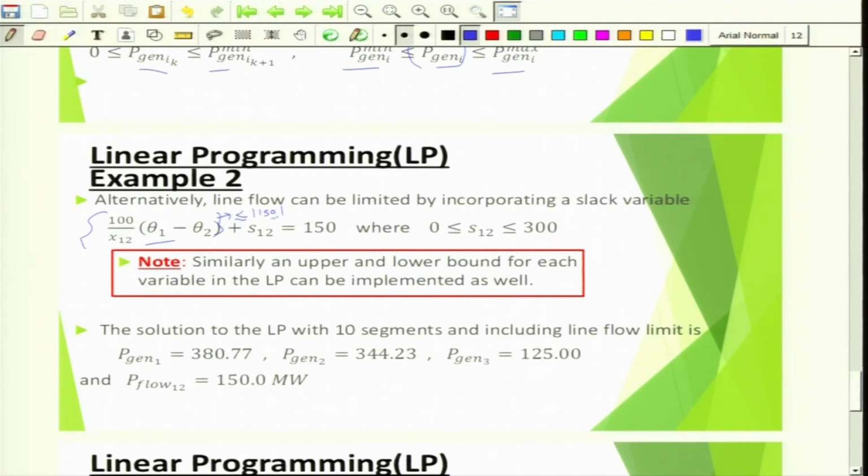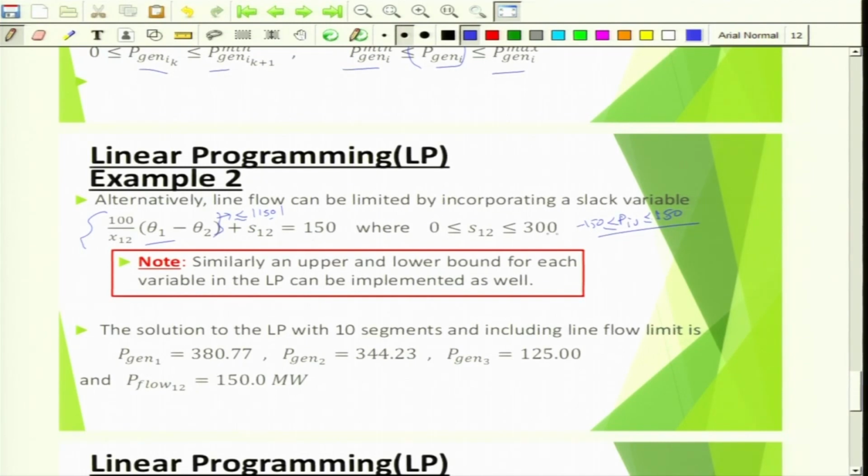That means the power carrying capacity of the line is within the range of minus 150 to plus 150, of that specific line.